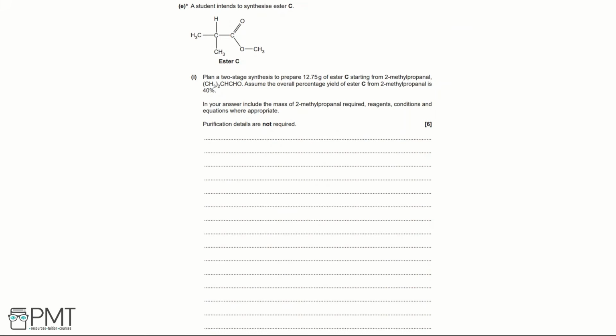Firstly, we need to work out the mass of 2-methylpropanal required. In order to do this, we need to use the mass of ester C and the percentage yield.